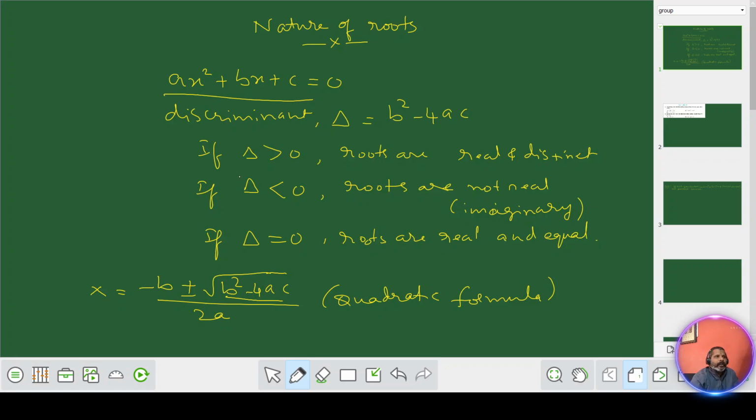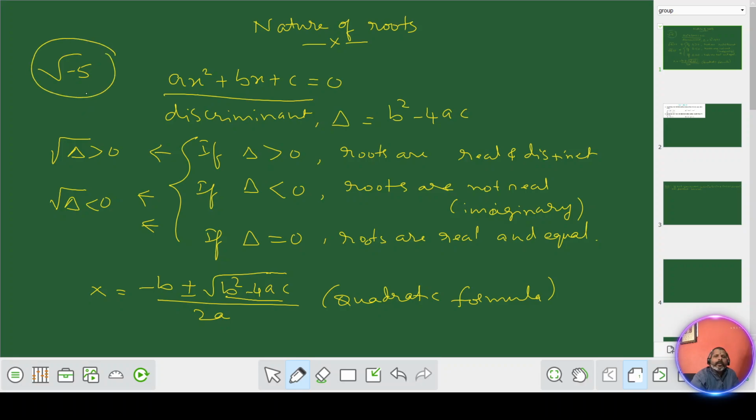So coming to the nature of roots, three use cases, three classes. B square minus 4ac greater than 0 means the root of the discriminant is a positive number. If it is less than 0, the root will have a negative number, say for example, root of minus 5.